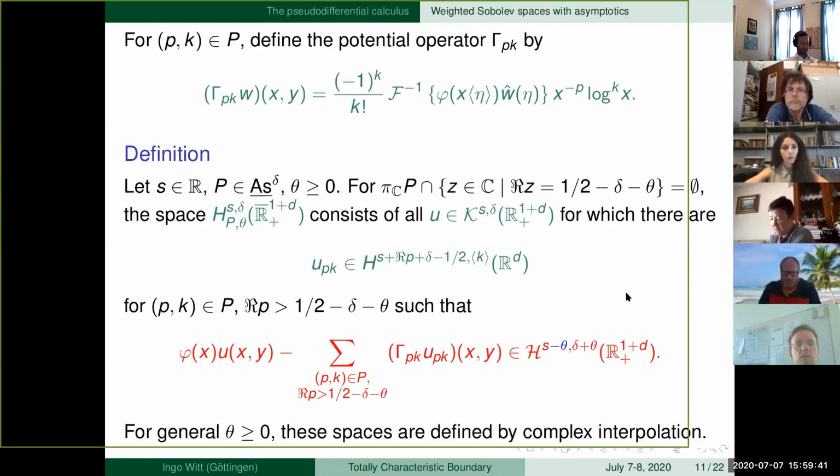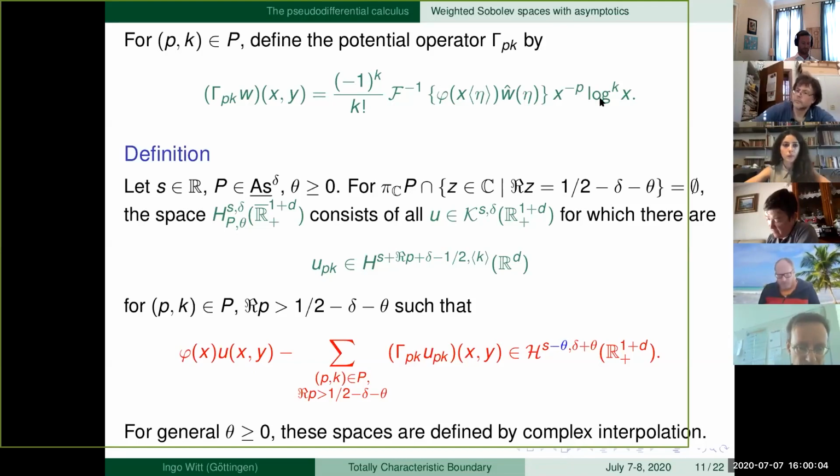Then we introduce a corresponding potential operator gamma_{p,k}. It starts with a w and produces a function of x and y. I can disregard the t dependence that comes later, so a function in a half space. Here I introduce this prefactor we previously had, and that is just the definition.